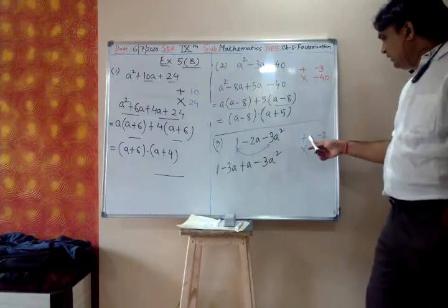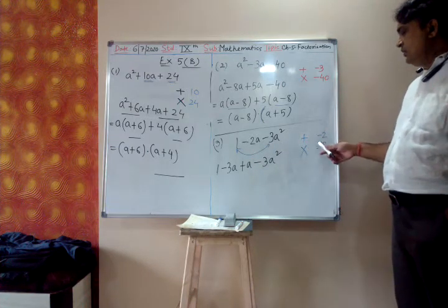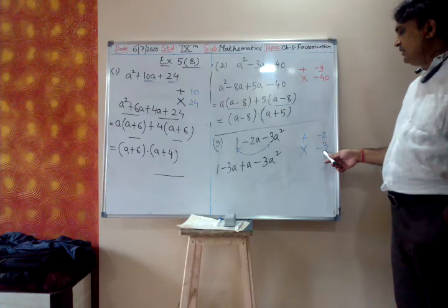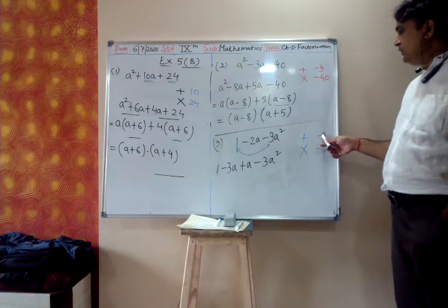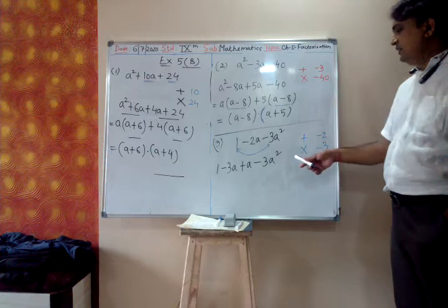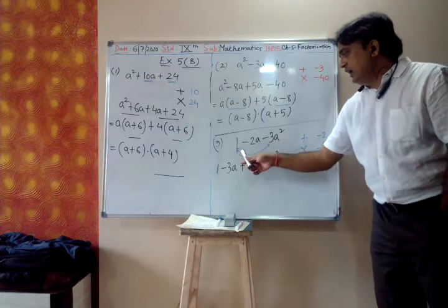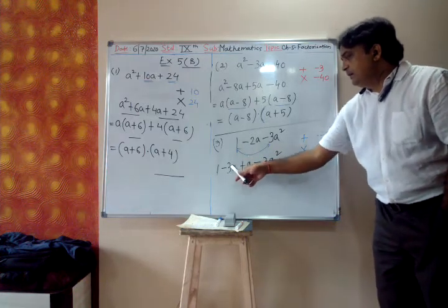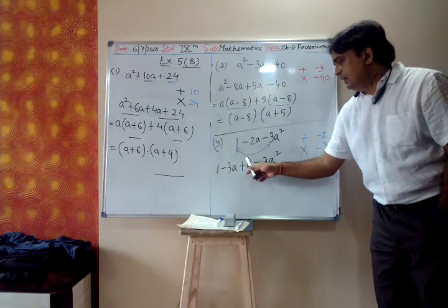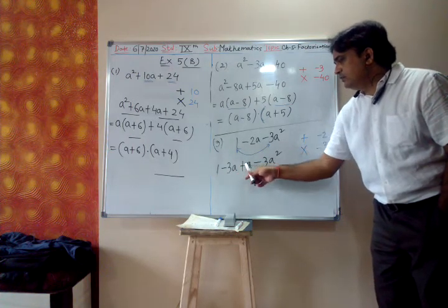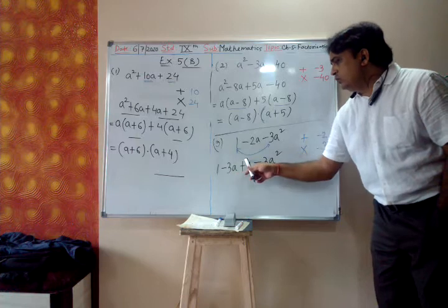Because we want addition minus 2 and multiplication minus 3, the bigger number will have the minus sign. Minus 2a, I can write as minus 3a plus a. A means 1a. So minus 3 plus 1 is minus 2, and minus 3 into 1 is minus 3.